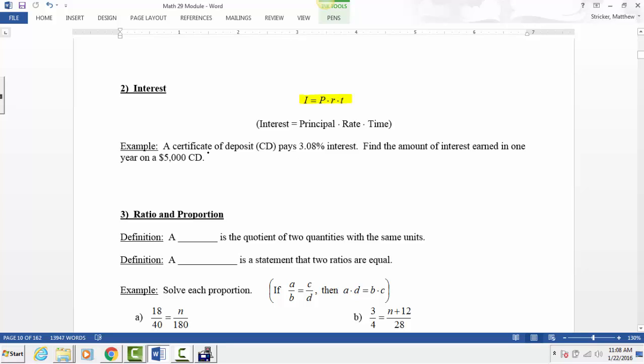So it says a certificate of deposit pays 3.08% interest. Find the amount of interest earned in 1 year. So we have 1 year on a $5,000 CD. And look, the principal, this is the amount invested.